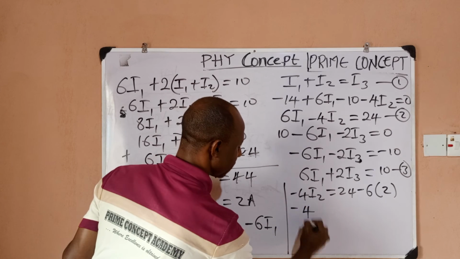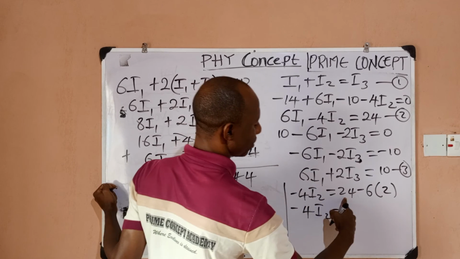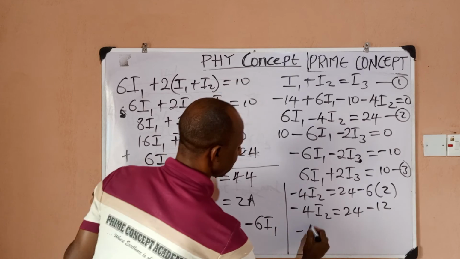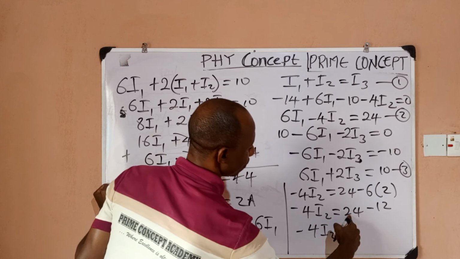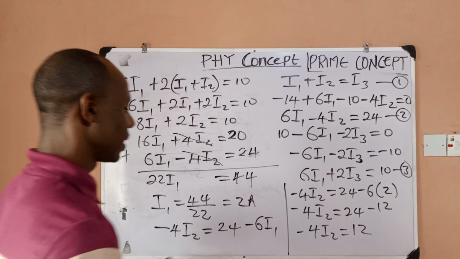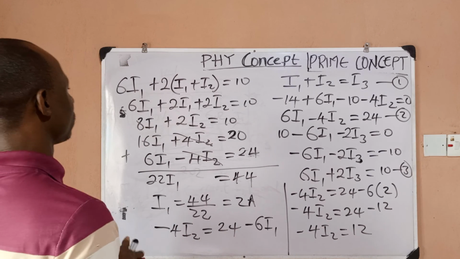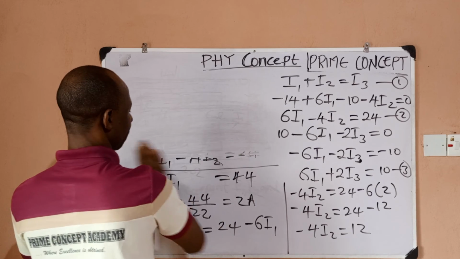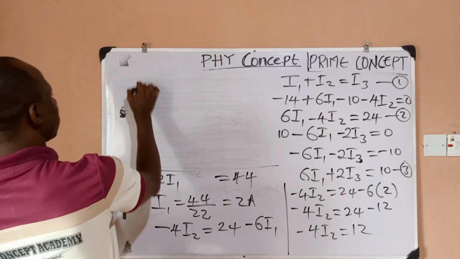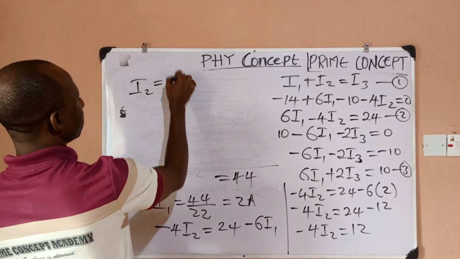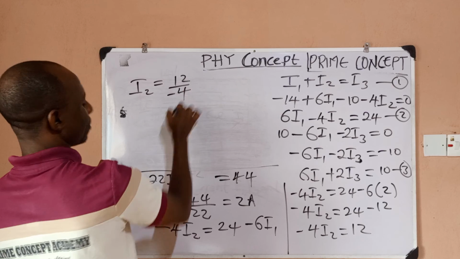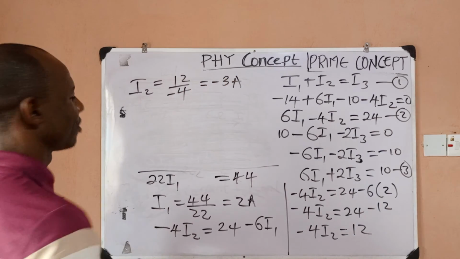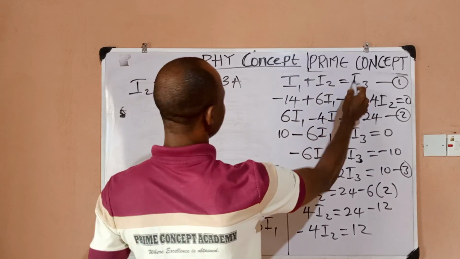Then I have minus 4I2 equals 24 minus 12. So minus 4I2 equals 12, right? Then automatically you can see that I2 can be obtained. So my I2 from there is going to be 12 divided by minus 4, which is going to give me minus 3 ampere.